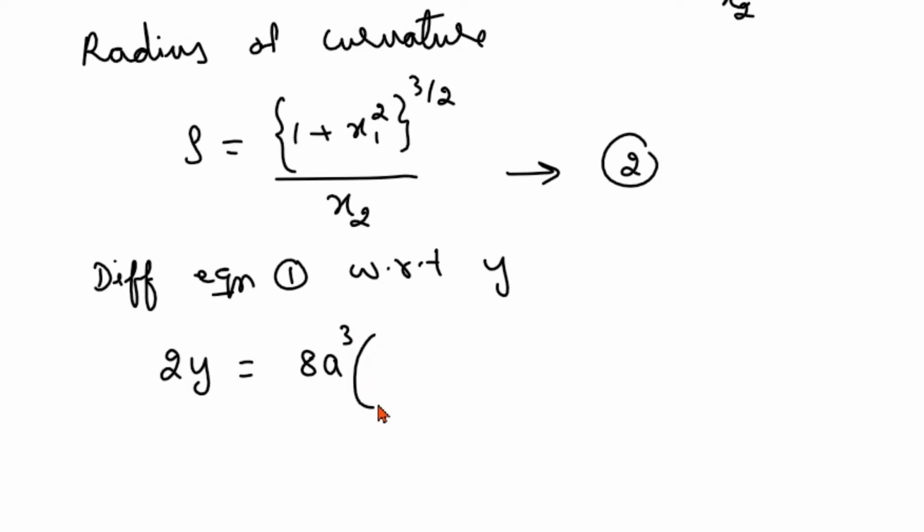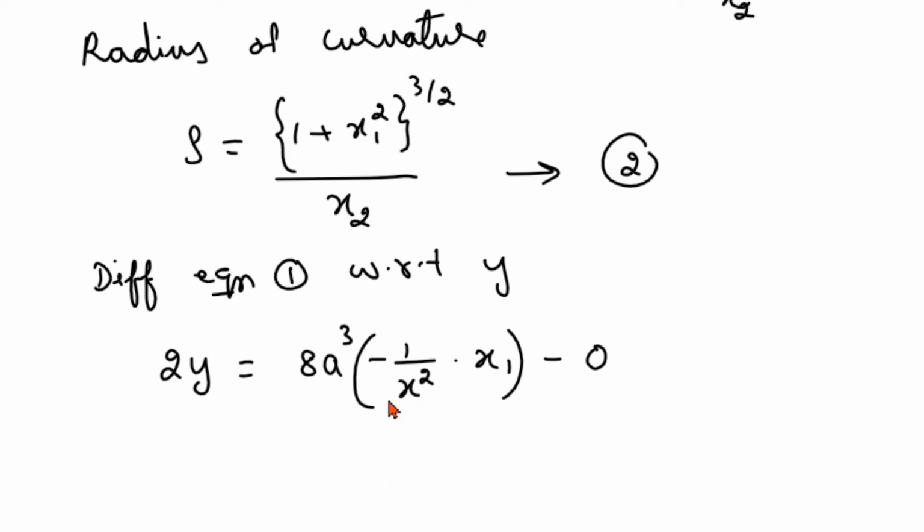So the differentiation of 1 by x will be minus 1 by x squared, into the differentiation of x, which is dx by dy, or you can write it as x1. Since I'm differentiating with respect to y, the derivative of x is dx by dy. Minus 4a squared is a constant, so its derivative will be 0.